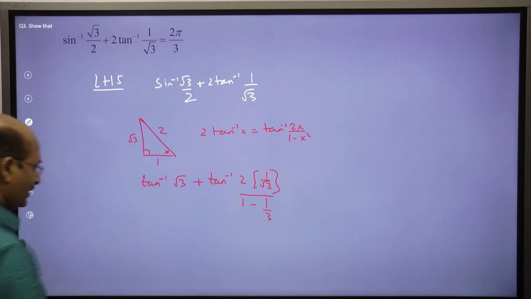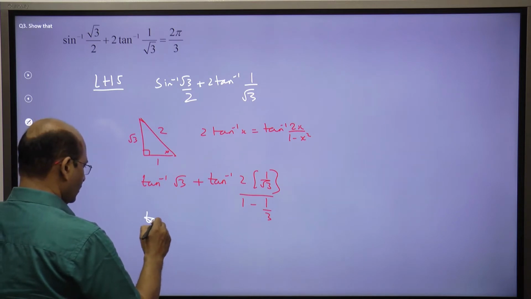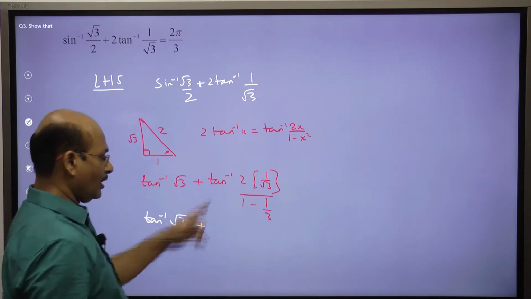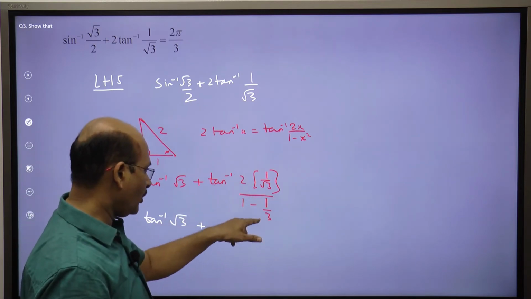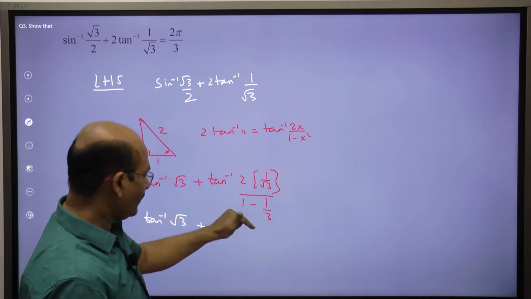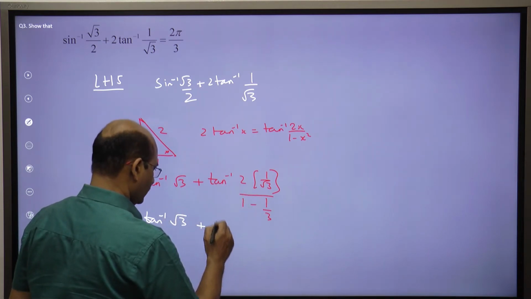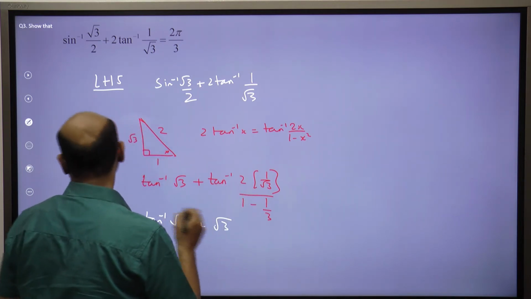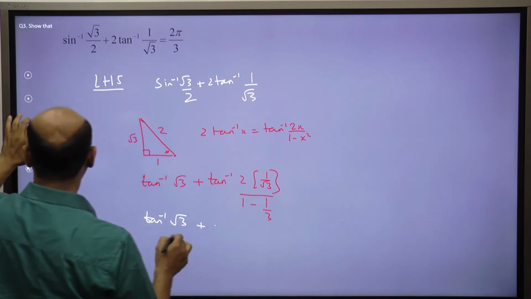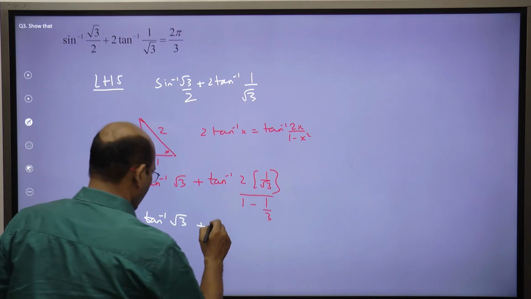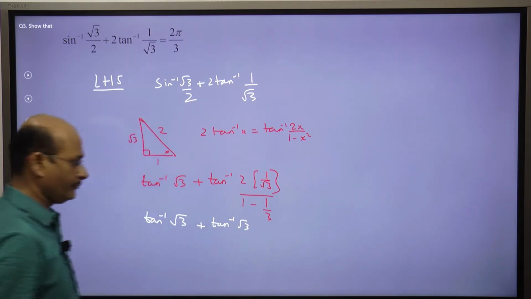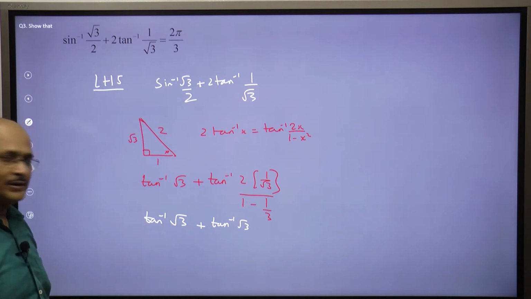So how I get it, let us see. This is nothing but tan inverse root 3 plus, now if I do the LCM here, 2 upon 3, 2 gets cancelled here. So 1 upon root 3 is left. Sorry, I beg your pardon, there is some error here in this case. Okay, this is nothing but tan inverse root 3, plus pi by 3. My job is over.